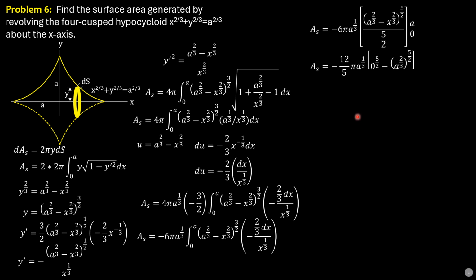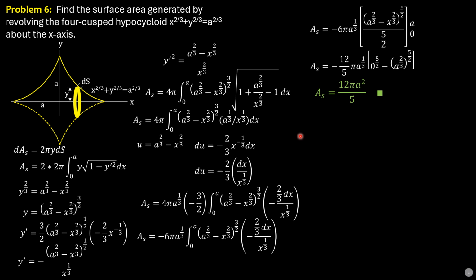That would be positive 12 pi a square. So area S is 12 pi a square over 5. So that's the surface area when this hypocycloid is revolved about the x-axis.